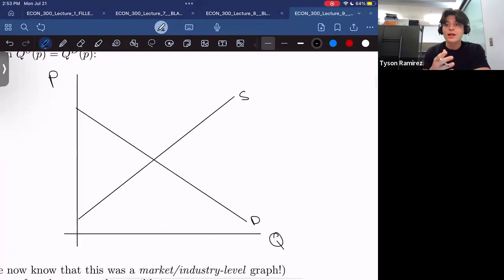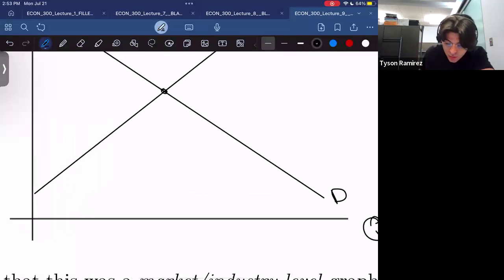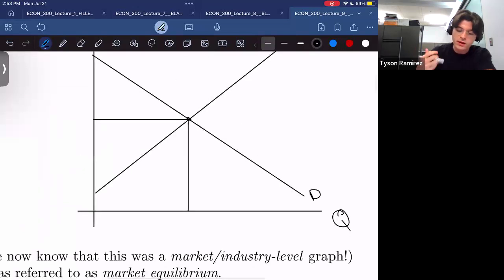And as we saw in the last lecture, the point at which these two intersect is what we define as equilibrium. Of course, this is nothing new to us. We just need to refresh the memory a little bit.